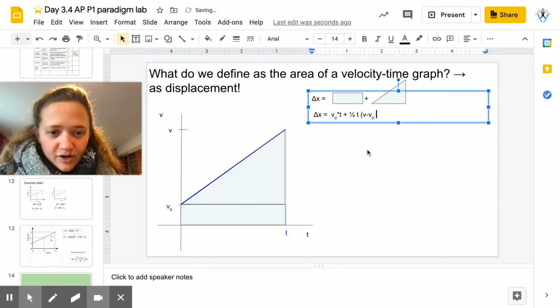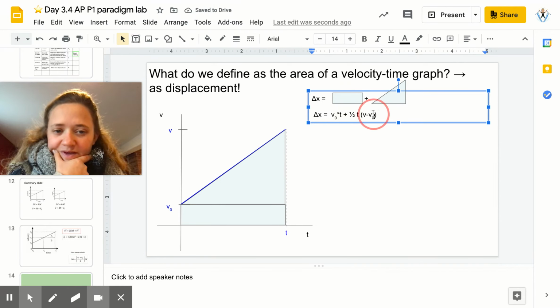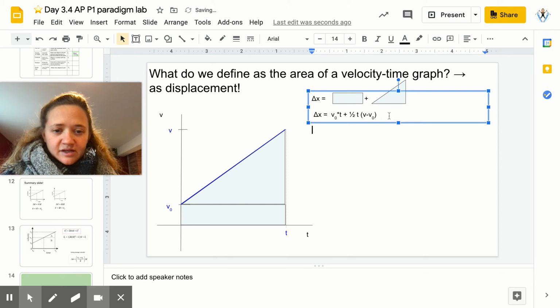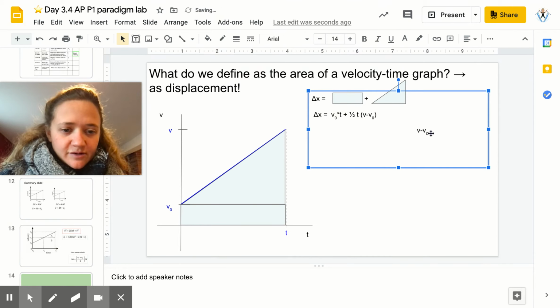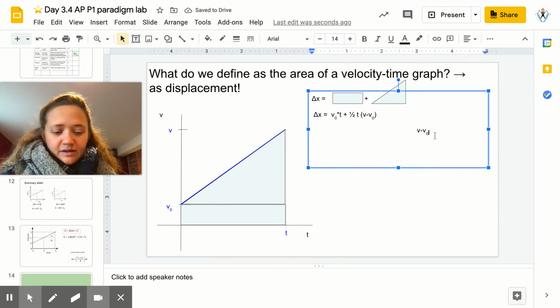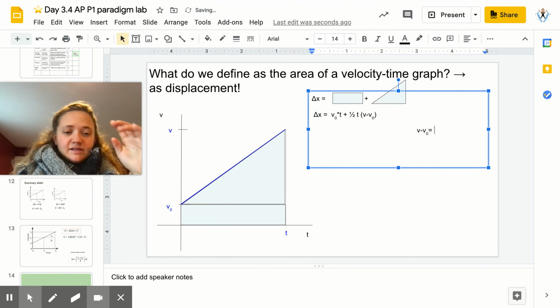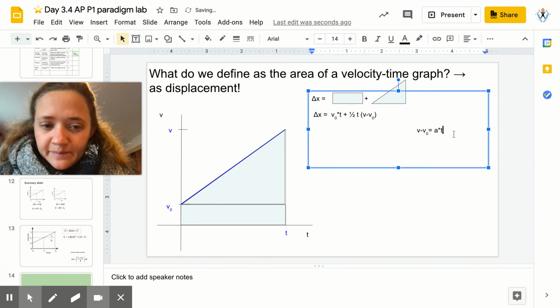But what we know from previously is that we can substitute something in for v minus v0. So let's take a look at that maybe over here. v minus v0 is equal to our acceleration times our time.